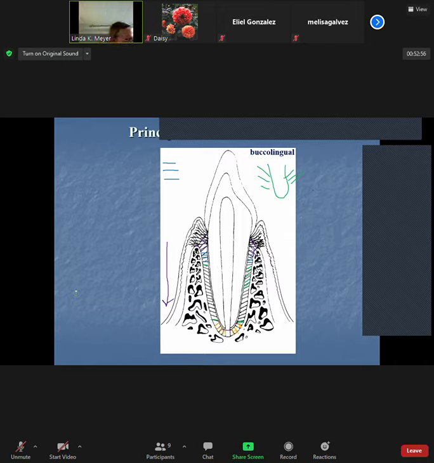Okay, so it says they radiate from the cementum of the root apex to the fundic alveolar bone. Fundic just means the alveolar bone that's near the root apex. So this would be your fundic alveolar bone. It's really just apical alveolar bone. That's what it is.